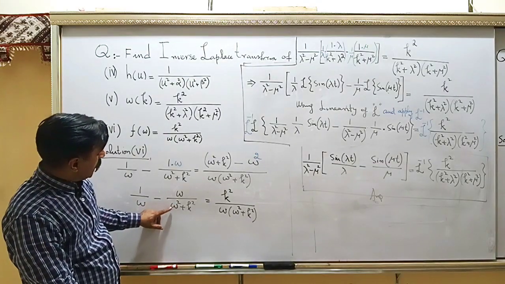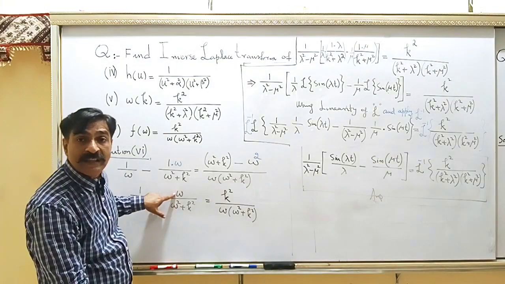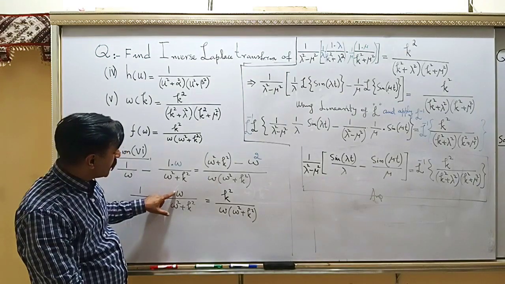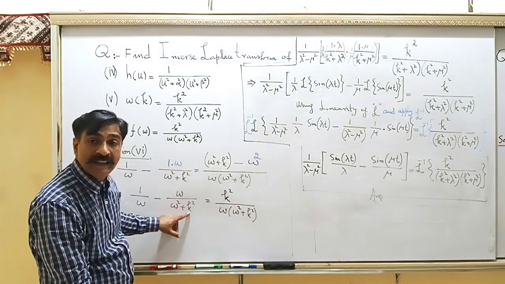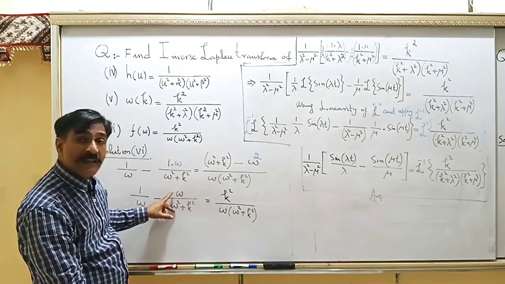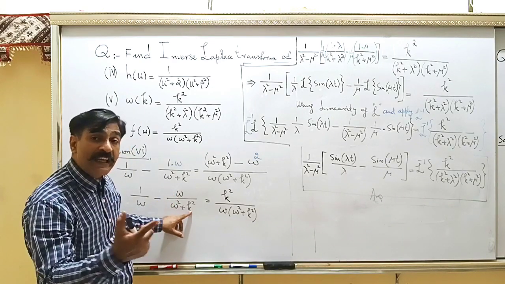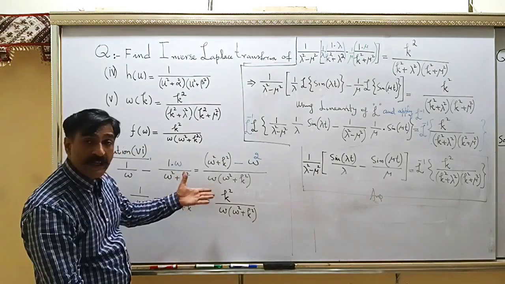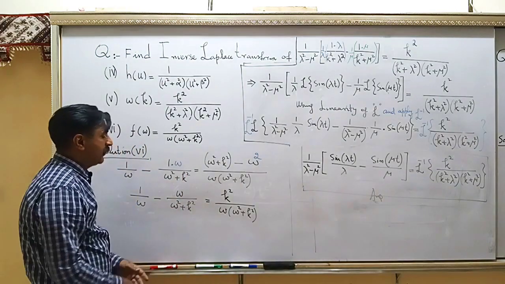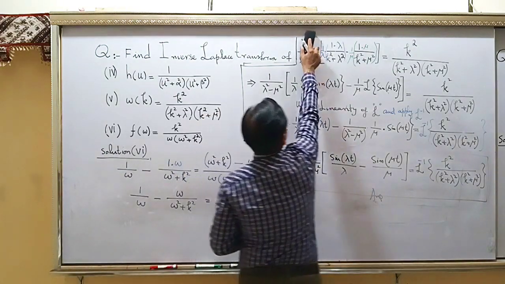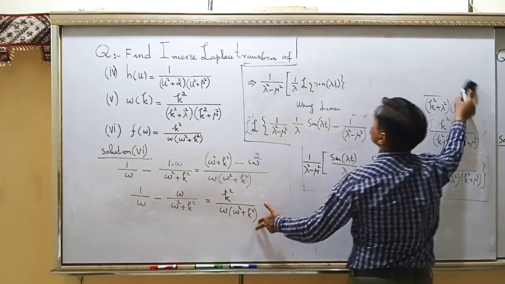And this is omega square, and in the upside you have omega square. So this is like the form s over s square plus k square, right? So this is the Laplace transform of cosine function, cosine of kt. So write the Laplace transforms in the next line here.